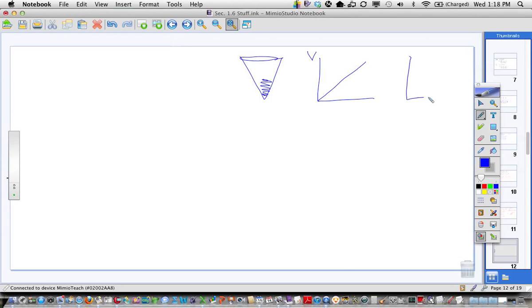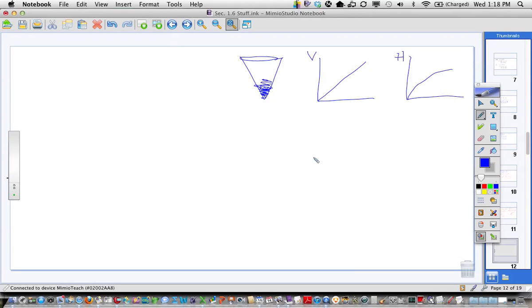But the height equation would be like that, right? Because as the water comes in, 1 gallon would fill it up this tall, but the next gallon wouldn't fill it up as high because it's spreading out. So the height is actually leveling off.